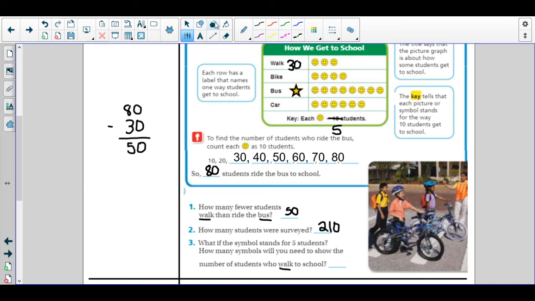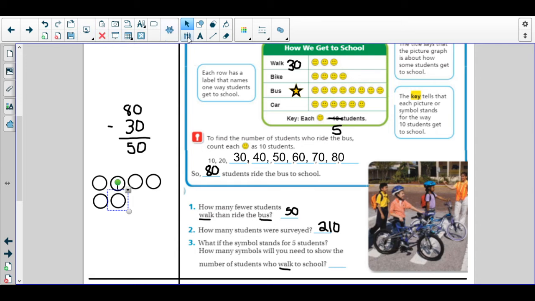Well, let's see if we can have a little fun here along the way. We'll use this circle right here for a smiley face. So that would be 5, 10, 15, 20, 25, 30.